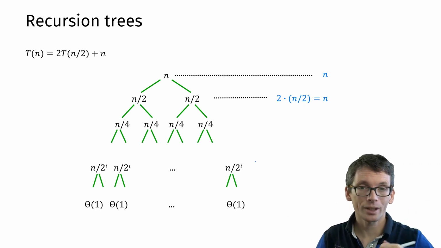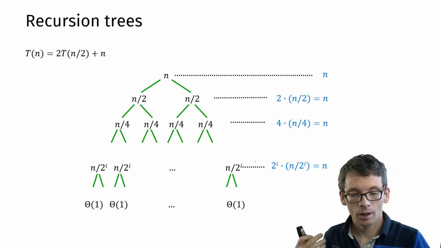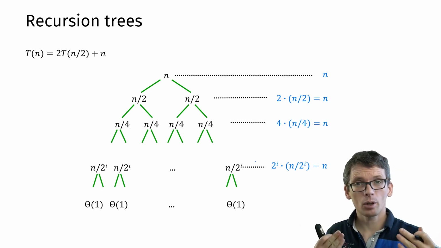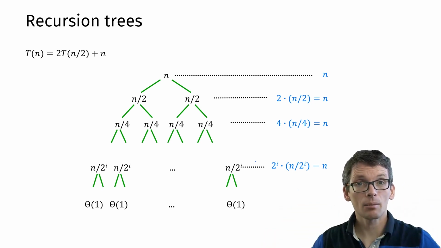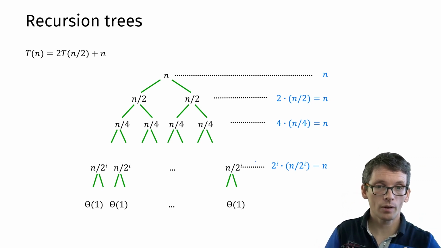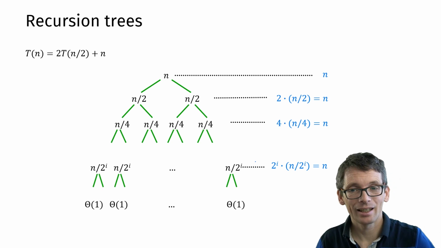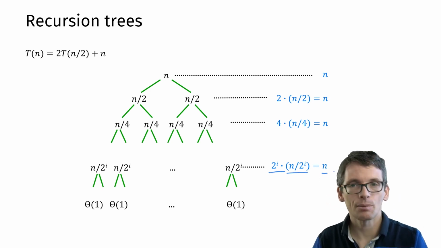Next level is 4 times n quarter, it's also n. On level i, how many of these terms do I have? Each time going down, I double the number of terms. So now I have 2 to the i terms of the form n divided by 2 to the i. So that is 2 to the i times n divided by 2 to the i, simply n.